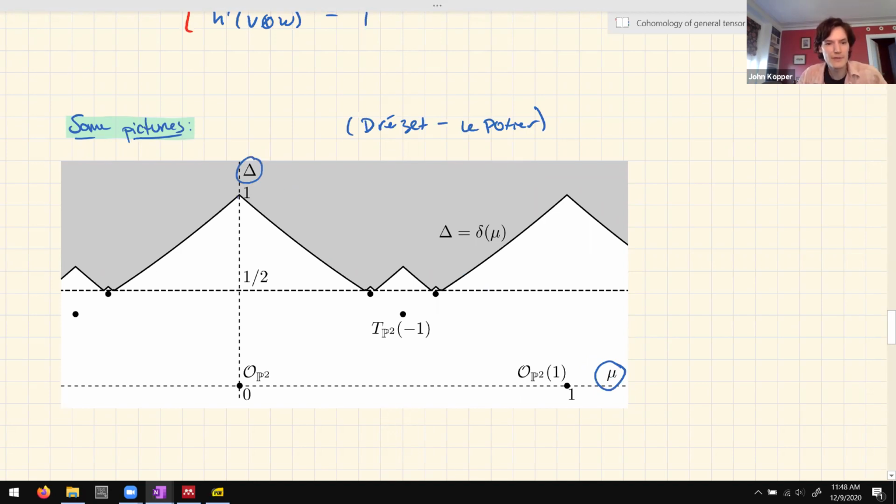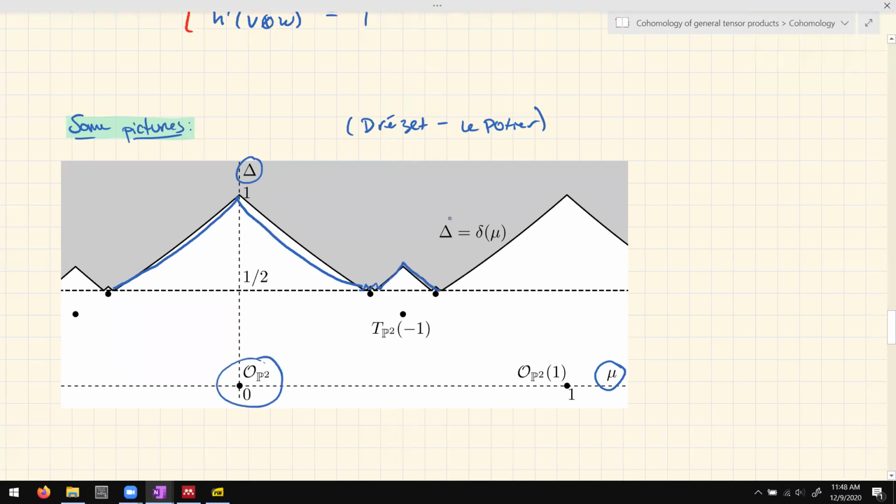And what Drézet and Lepotier say is that there are these parabolas that intersect in this kind of fractal-like way, but they're defined based on exceptional bundles. And what they say is that if I'm above this funny curve, defined this way, whatever that is, then I have stable sheaves of those Chern characters.